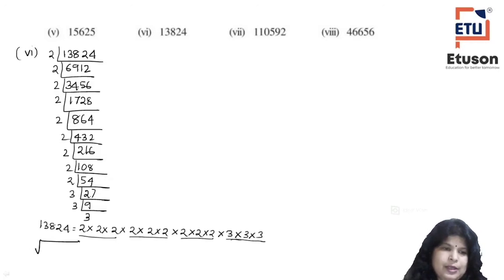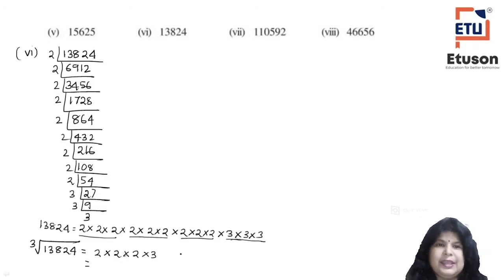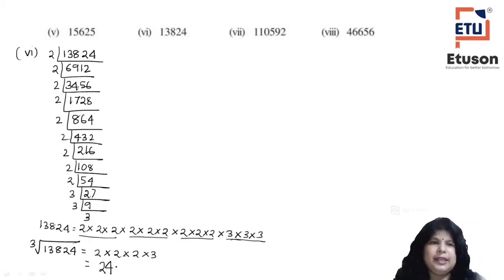While finding out the cube root of 13824, you have to take one number from each group. So you will take 2 from this group, 2 from the second group, 2 from the third group and 3 from the fourth group. And your answer is 2 into 2, 4, 4 into 2 is 8 and 8 into 3 is 24. Right? So cube root of 13824 is 24.